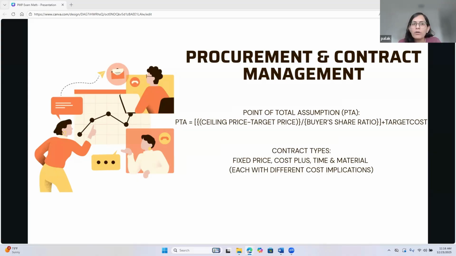Okay, so that is about understanding who carries the risk, the buyer or seller. So here you see the first one is the point of total assumption, PTA.